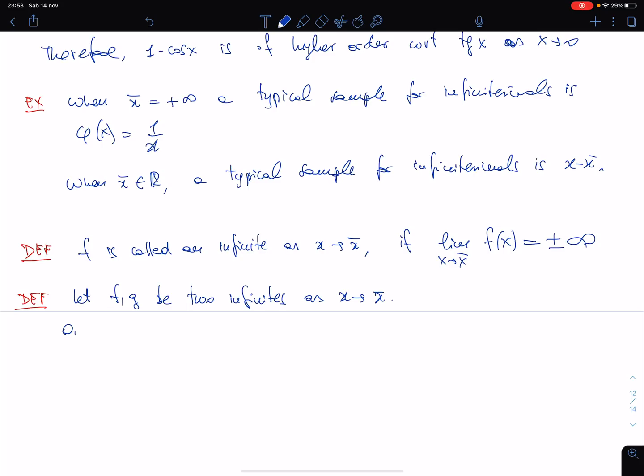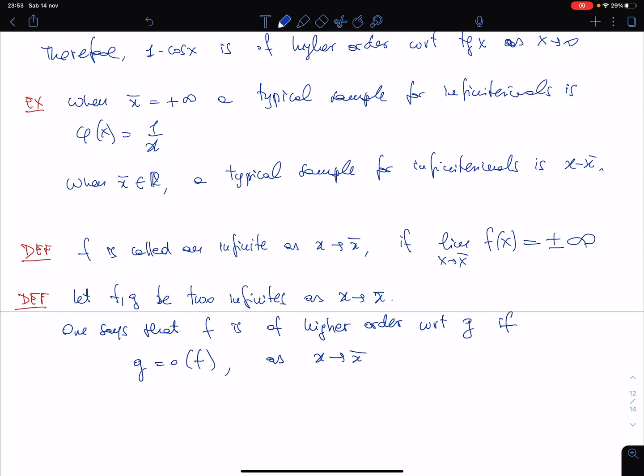Then one says that f is of higher order with respect to g as an infinite if g is negligible with respect to f as x goes to x bar. Okay? And notice here what is the difference.